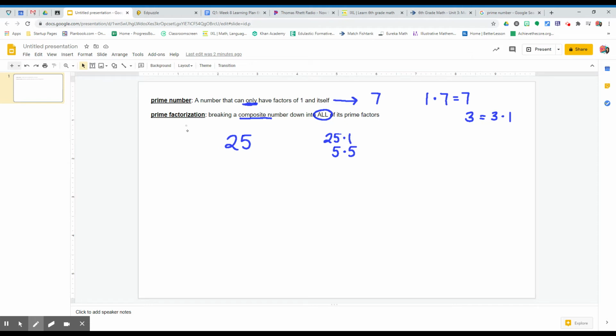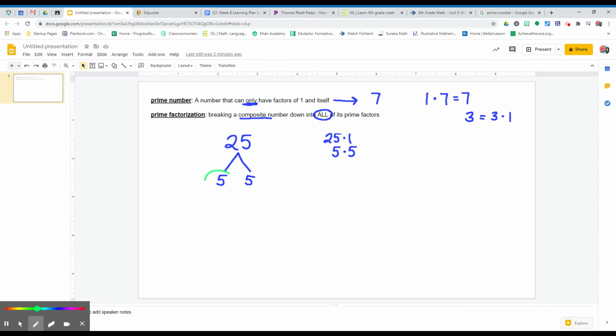So when you do the prime factorization or the factor tree for 25, you start by breaking it down into 5 times 5. Then we look at these two factors and we say, can we take 5 and break it down any further? Well, no, we can't because 5 is a prime number.